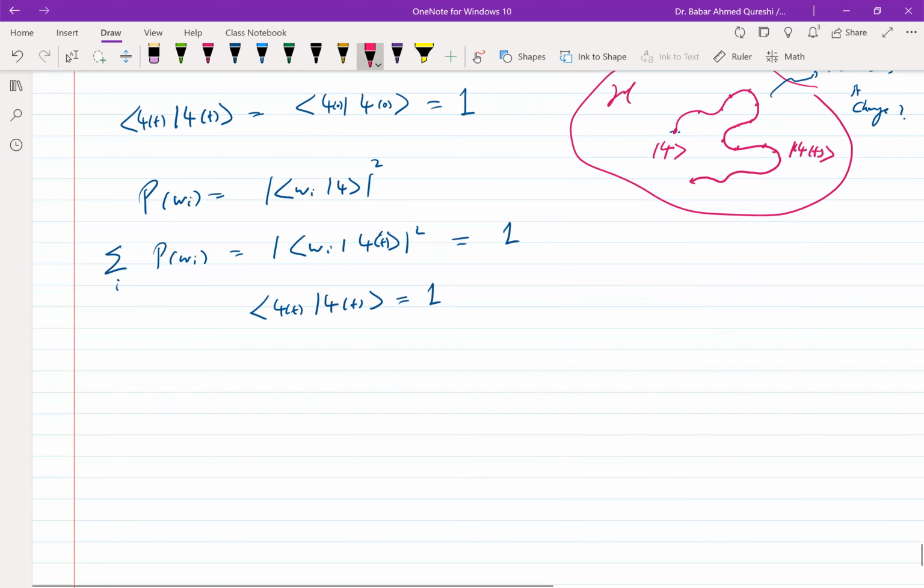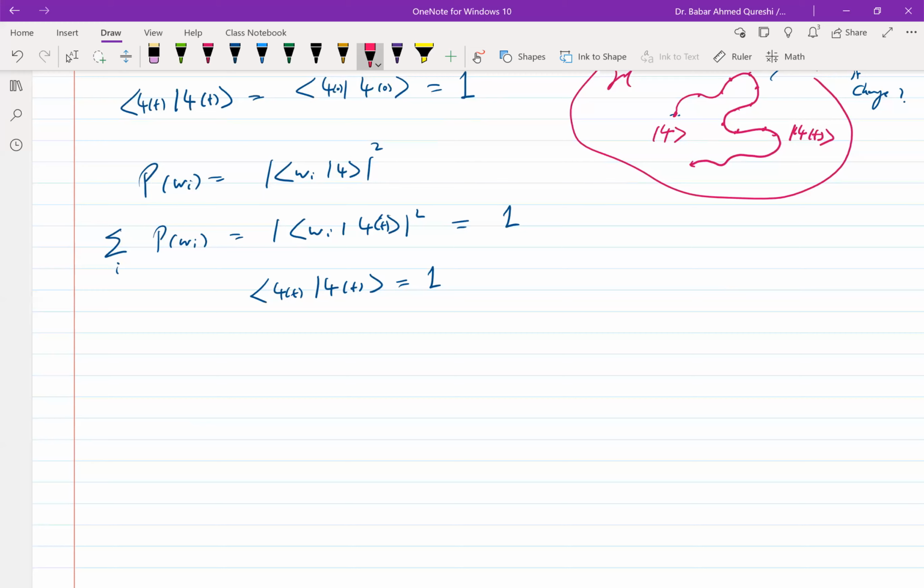So what would this imply? This would mean if I write evolution operator. So what is evolution operator? There is some operator which takes my psi from 0 to psi at t.